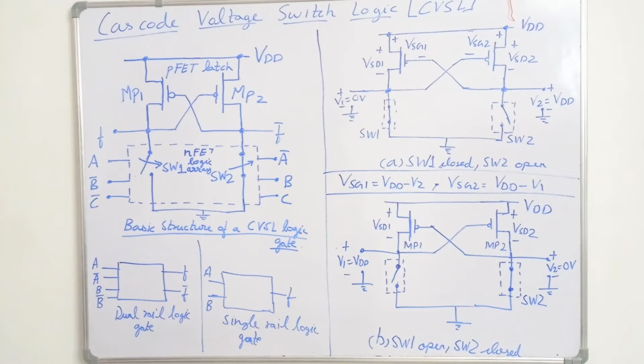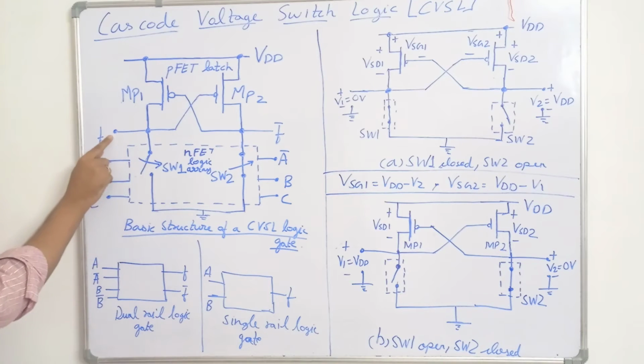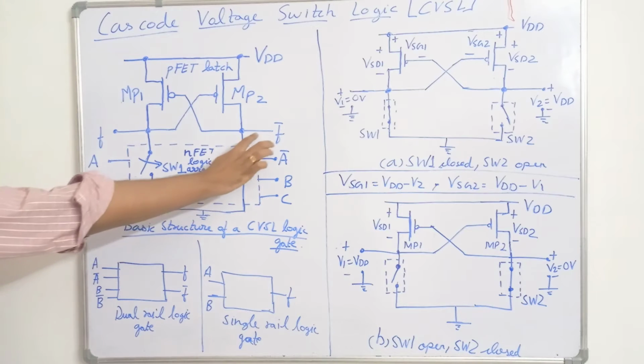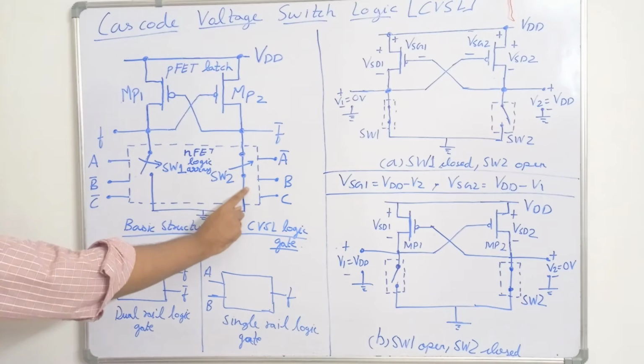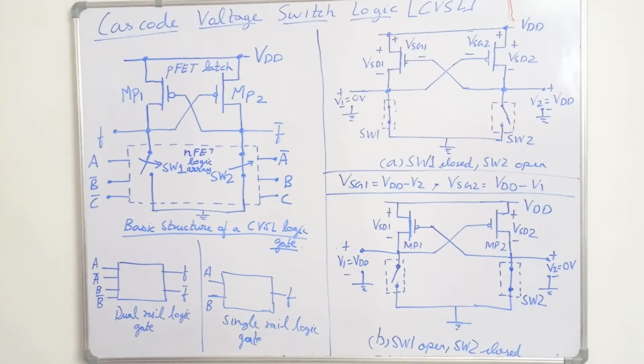Closing the switch will pull the corresponding output to the ground. Suppose SW1 is closed, it will pull F to the ground, and if SW2 is closed, it will pull F bar to the ground. In this way this CVSL logic works.